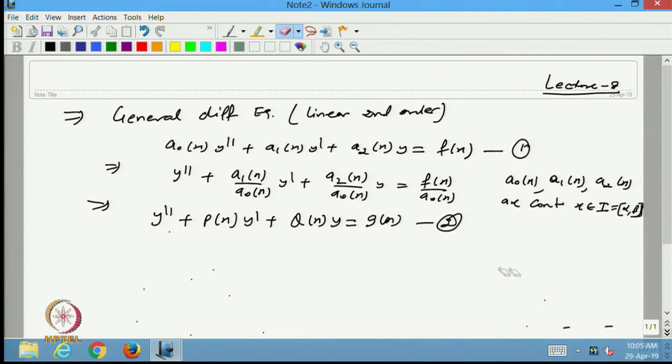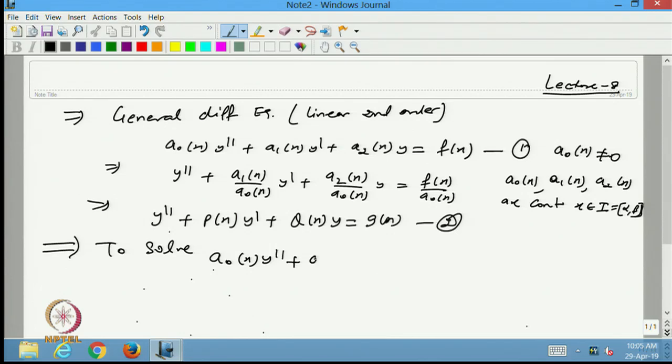Now, in this case it is also assumed that a naught x is never equal to 0. So, my main purpose is now to solve the equation a naught x y double dash plus a1 x y dash plus a2 x y is equal to 0.